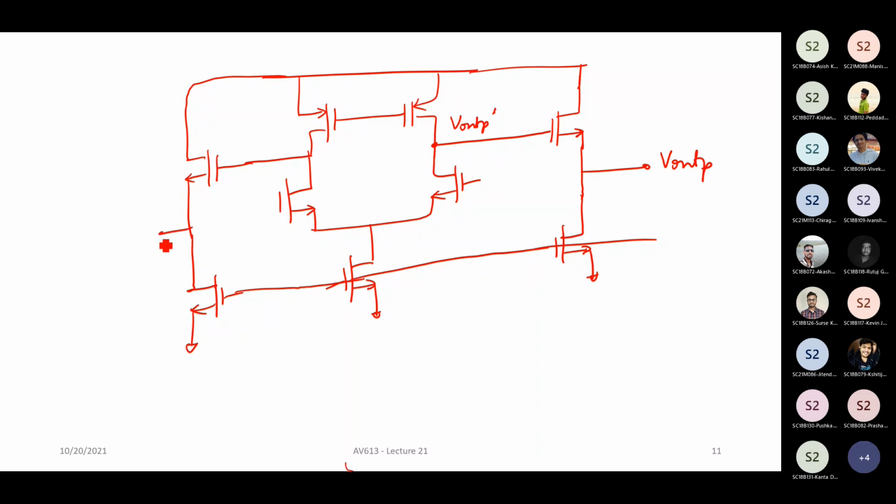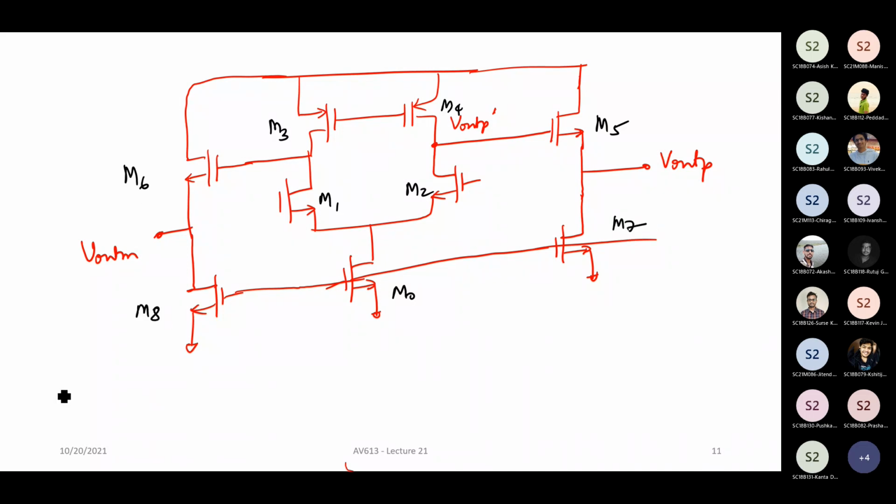Let's say this is your V out M. Now let's put some names here. Let's say this is M0, M1, M2, M3 and M4. Let's call this M5 and M6 and M7 and M8.